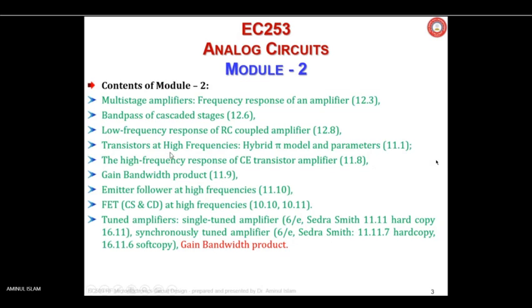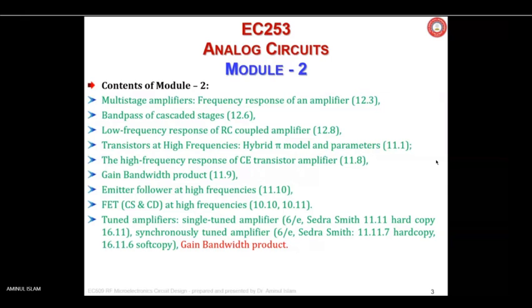In this module 2 we have to study these topics: multi-stage amplifiers, frequency response of an amplifier, bandpass of cascaded stages, low frequency response of RC coupled amplifier, transistor at high frequencies, hybrid pi model and parameters, high frequency response of CE transistor, then gain bandwidth product, emitter follower, FET based, that means MOSFET based CS and CD amplifier, common source and common drain at high frequencies.